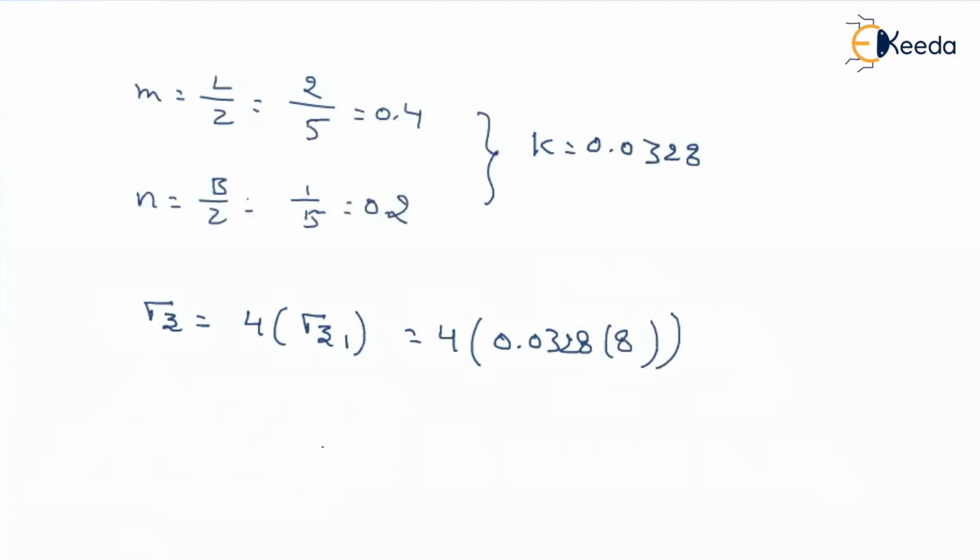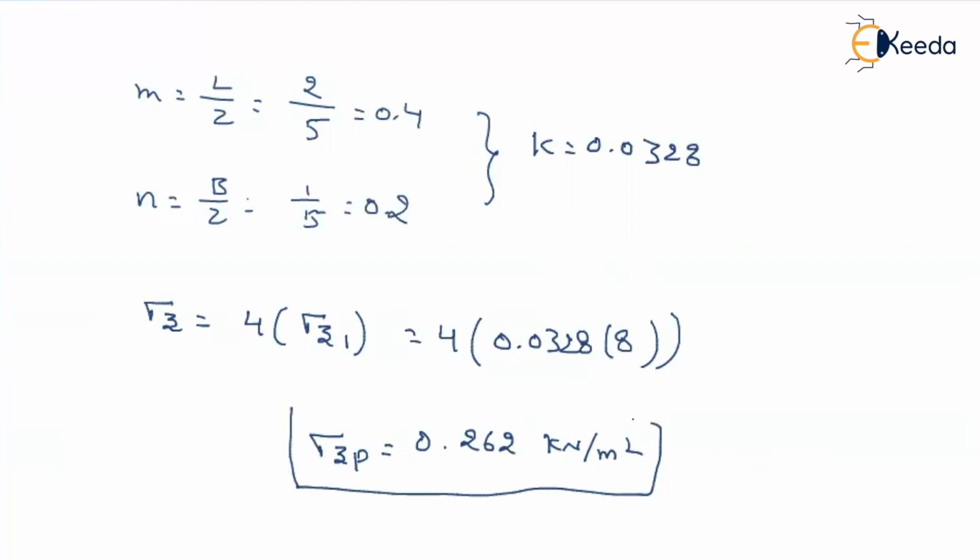So if you solve this, the stress at the given point P, sorry, not exactly 0.262. If you solve this, you will get 1.05 kilonewton per meter square.